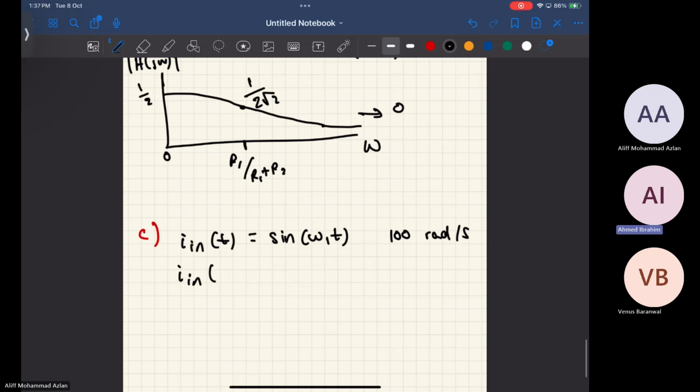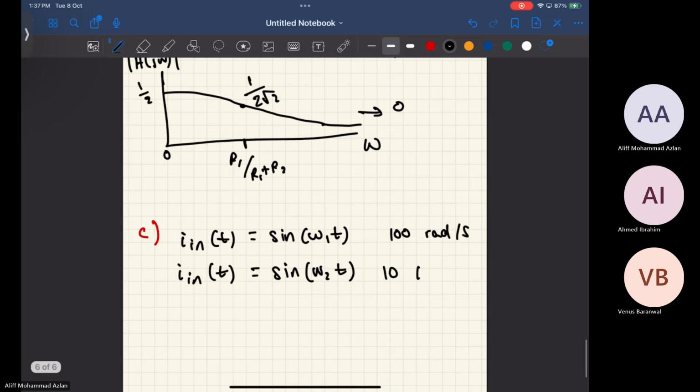And we also have another function, which is sine omega 2 t, and that is 10 kilorads per second. So it asks us to determine the amplitudes of the output currents for each experiment.